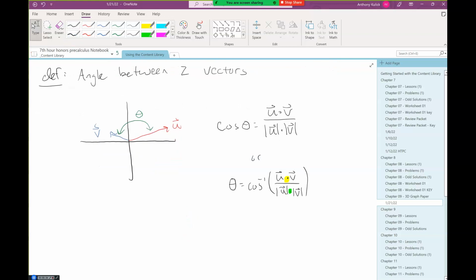The second thing to keep in mind is because our formula has a cosine inverse in it, we know that the cosine inverse's range is between 0 and 180. So the formula we've given here is always going to find the smaller angle between the two vectors. So it'll never find you the one that's bigger than 180. It'll always find the smaller one, the one smaller than 180.